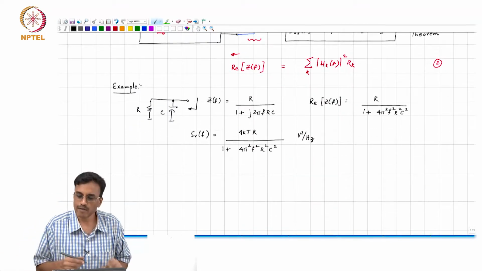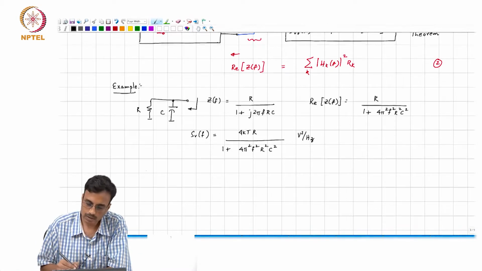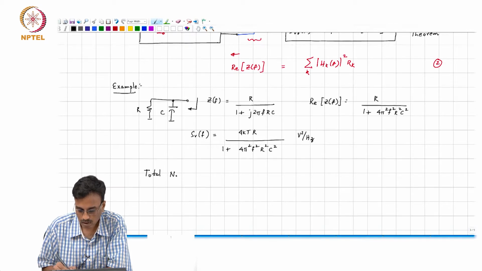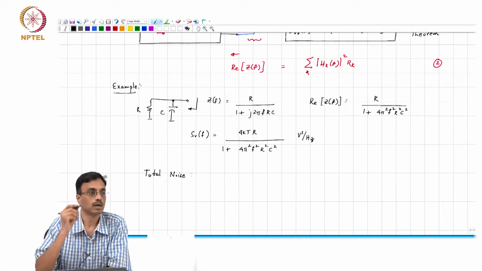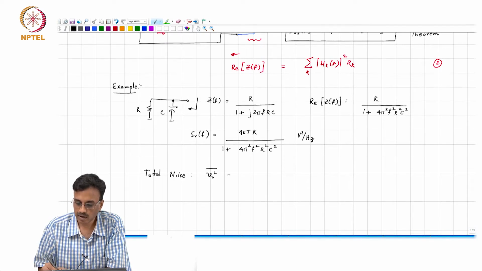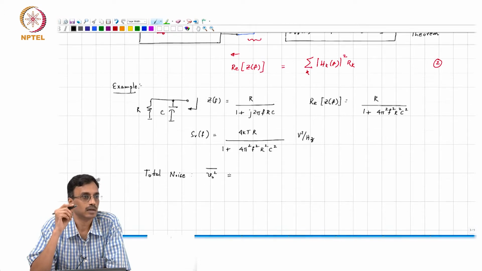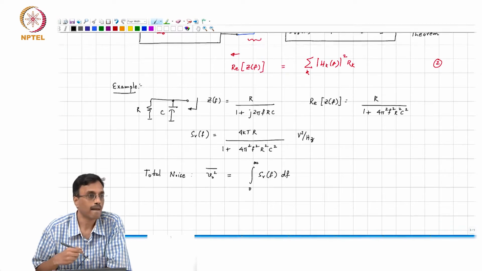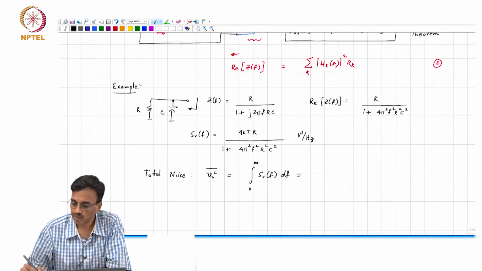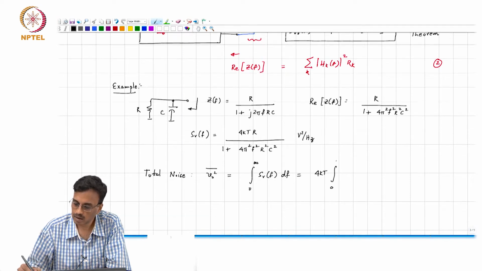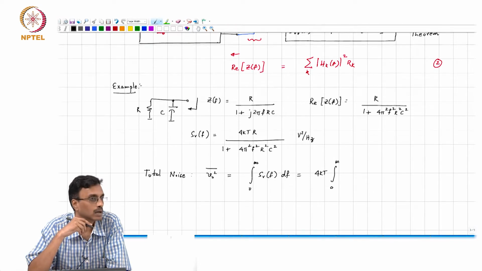All right. So, what comment can we make about the total noise? That is, VO square is simply the integral of SV of f df, which is simply nothing but 4 kT integral of what, people?